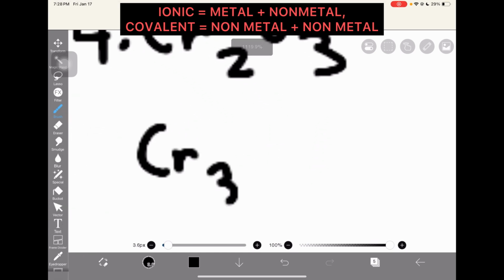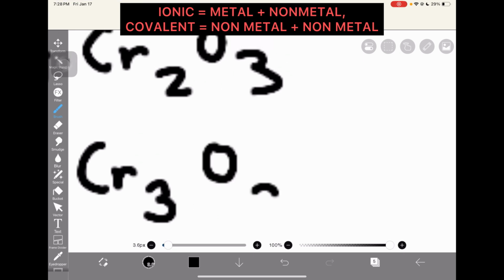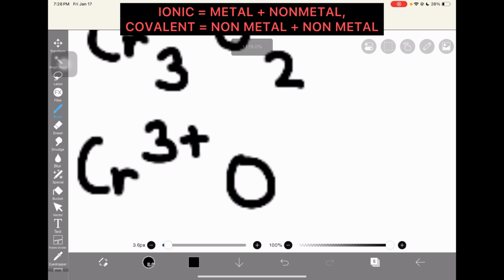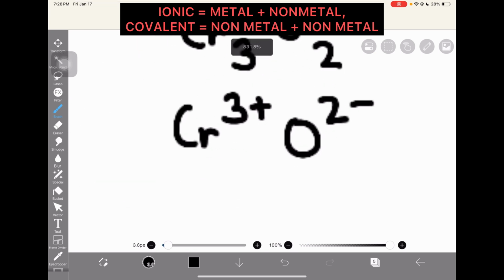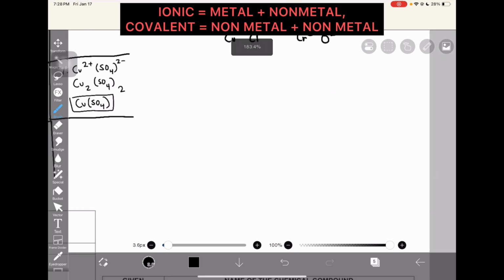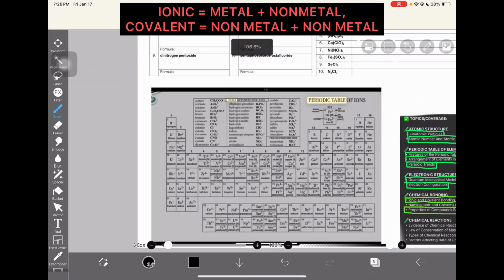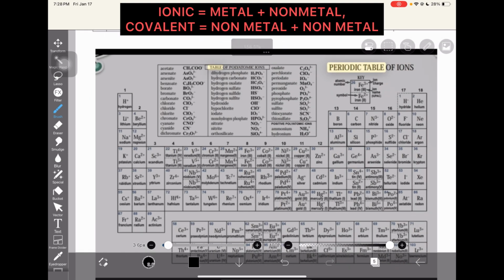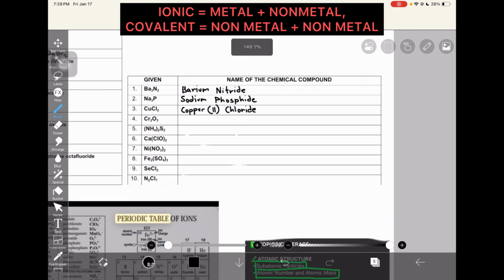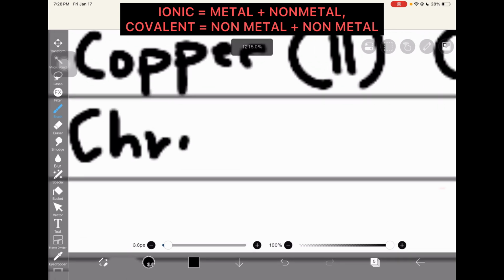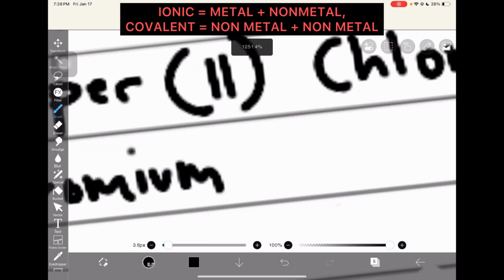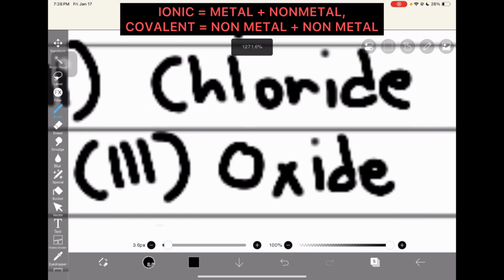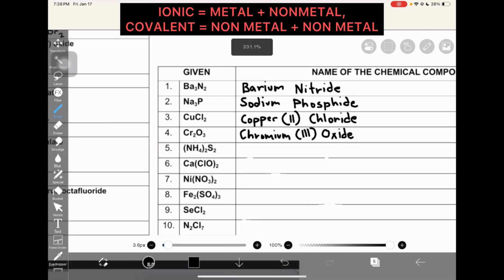Swap the numbers, pull the numbers back up, and add the charges. Cr3 plus and O2 minus, does that match up? That does match up. So we're now certain that this is Cr3 plus, so it's chromium 3. Chromium 3 oxide. Once again, ionic bond does not need prefixes.